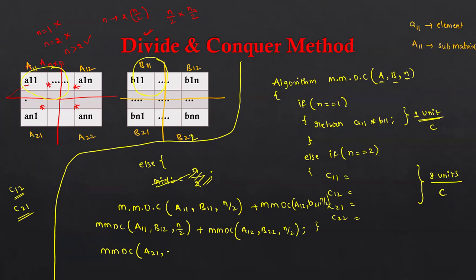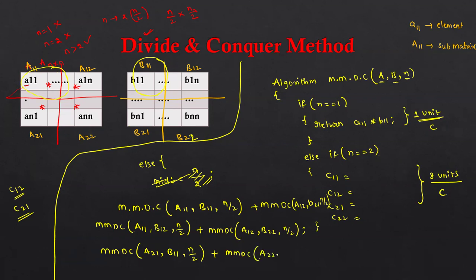Okay. So B11, whose size is n by 2. Yes. How can I know another multiplication? Matrix multiplication of divide and conquer method.